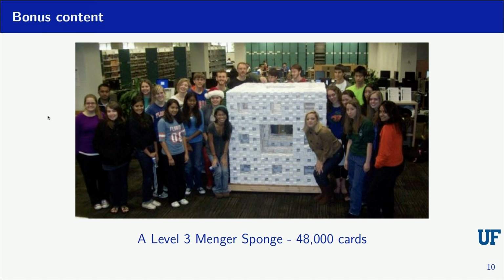So if you take 20 of these cubes and hook them together in a wireframe, like a small version of that, that's a level 1 Menger sponge. It's a first level approximation. That's like if you took a cube and drilled the holes out in the middle. All right, so here's what we did. How many cards is that?